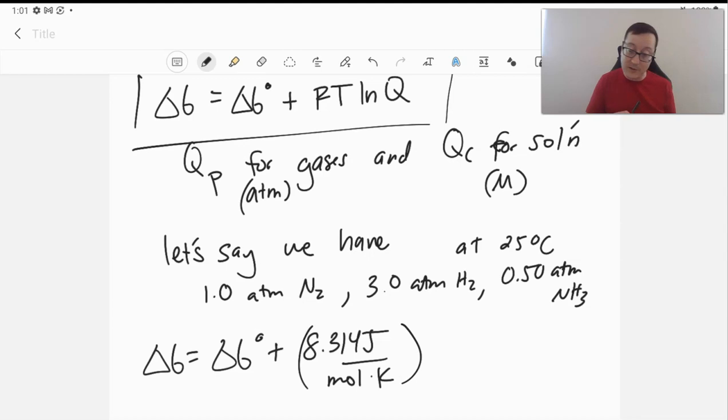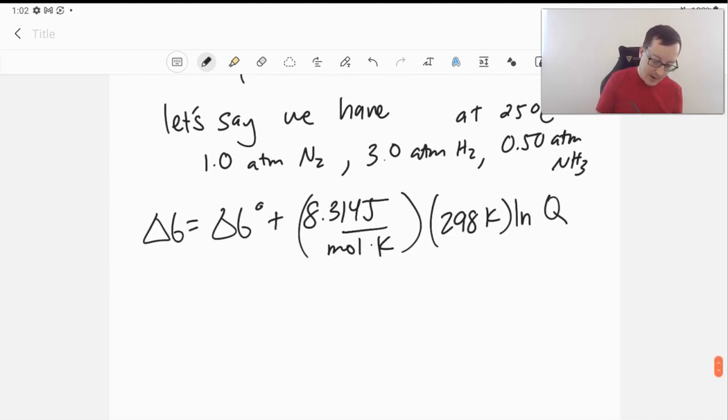Notice for R, we're using the 8.314 version because we want joules out of this. We want energy, not liters and atmospheres. And then the temperature is 298 Kelvin. And then we have the ln of Q. The Q we're going to have to solve for.